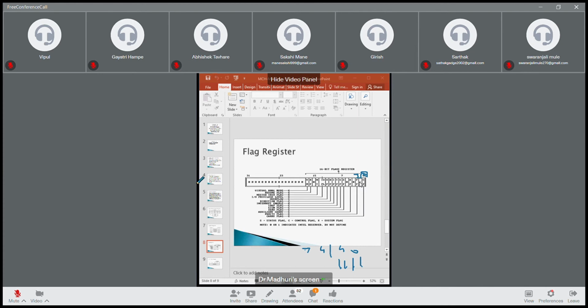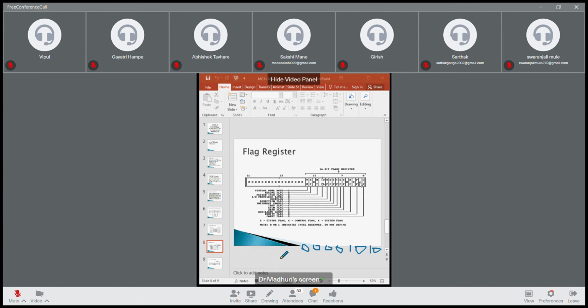Let me explain this one. Suppose you have 8 bits, for example A 0 0 0 and then 1 0 1 0.